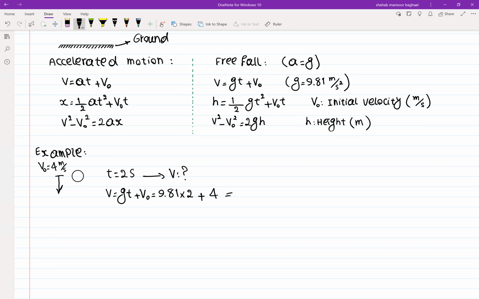Here 9.81 times 2 is 19.62, plus 4. Therefore, the velocity of your falling object is 23.62 meter per second.